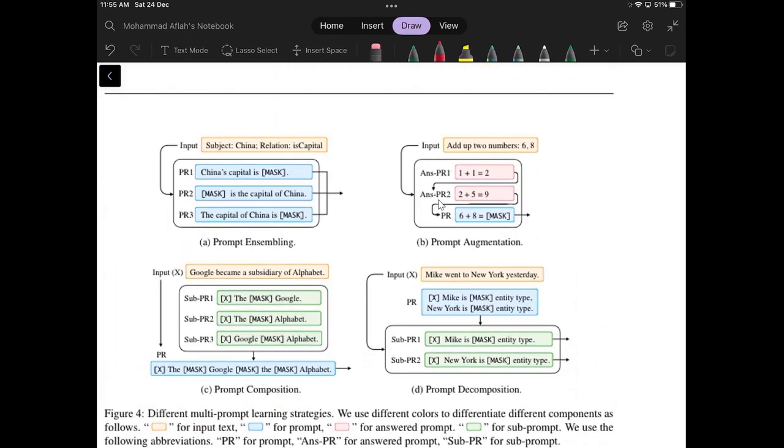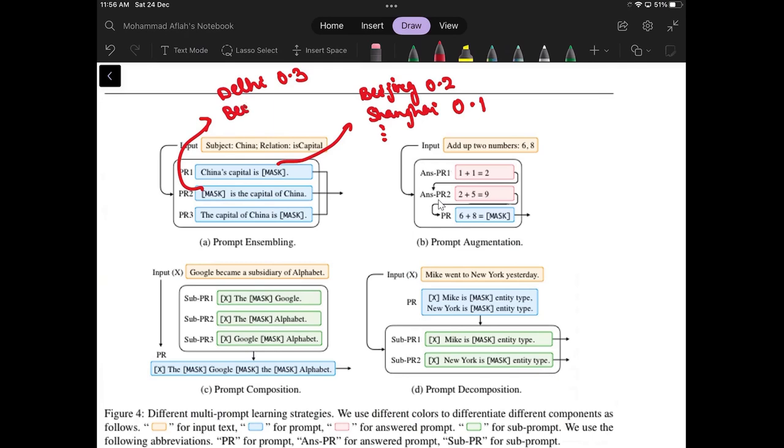Suppose this gives a distribution of Beijing with probability 0.2, Shanghai with probability 0.1, and so on. Then here also you'll get a similar distribution. Let's say this prompt failed and it said Delhi with a probability of 0.3, which is the capital of India and not China, and then Beijing is the second one with, say, probability 0.1.